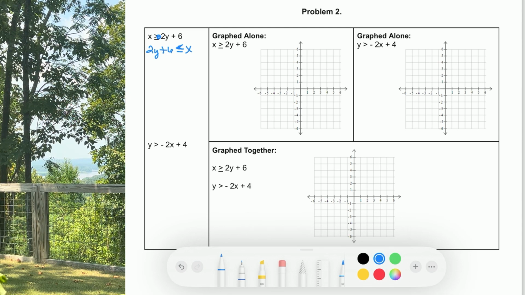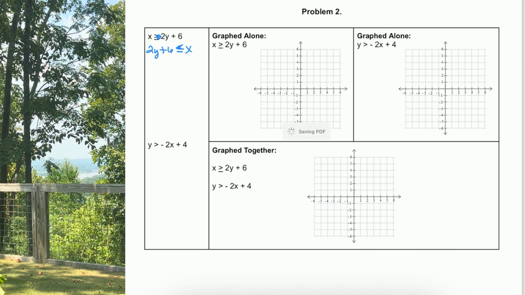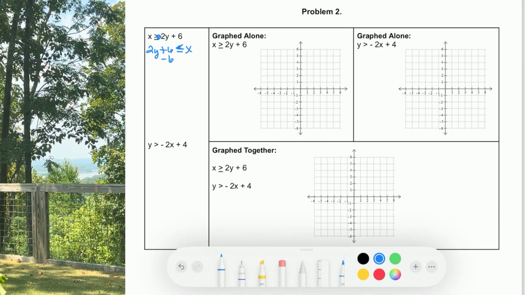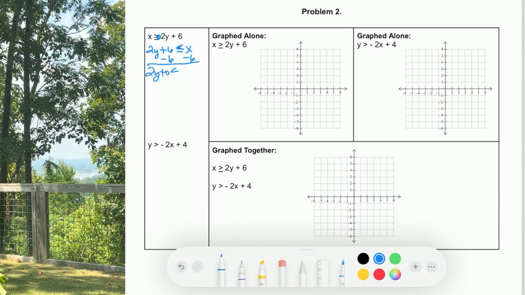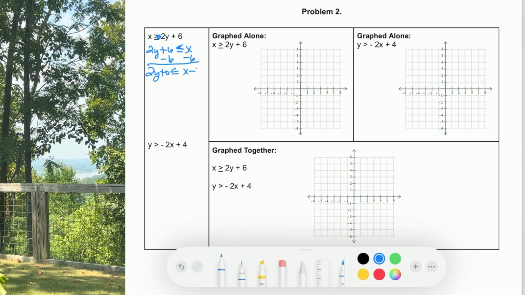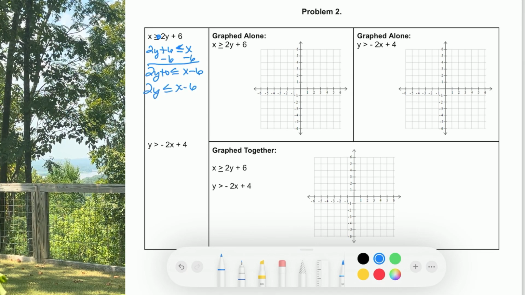All right, so now what I can do is subtract the 6 from both sides. I get 2y plus 0 is less than or equal to x minus 6. Divide everything by 2.